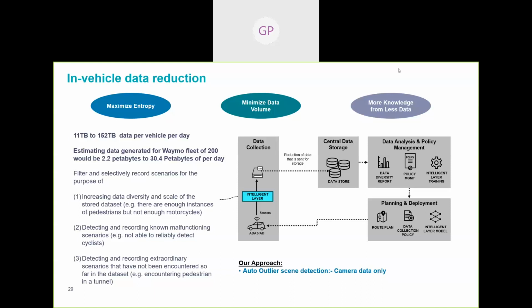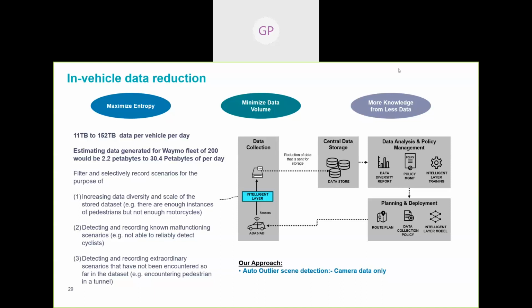Now, why do we want to store this huge amount of data? We actually don't. What we can do is, if we can somehow extract the data and remove the common scenarios which have been collected previously by various other self-driving companies, we can do away with it.